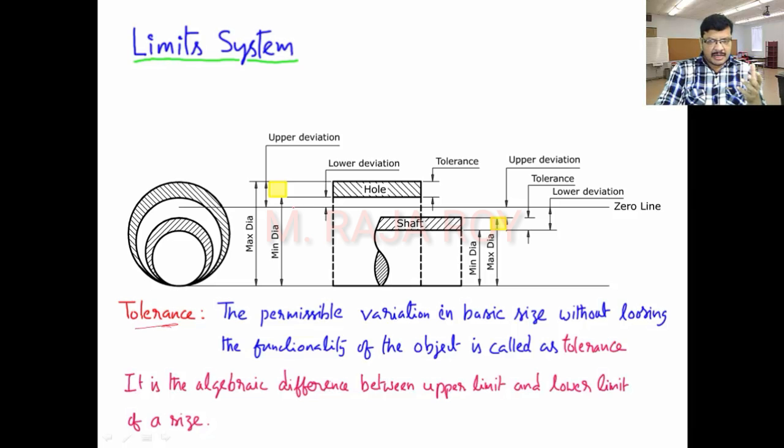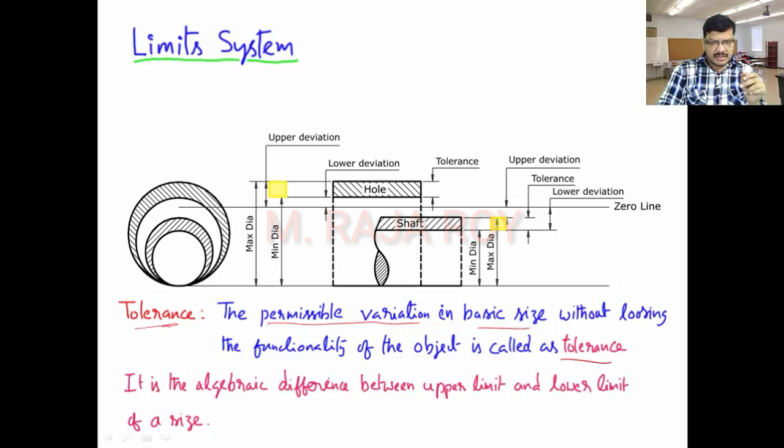When any mechanical component or machine is not satisfying its functionality, then assume that it has failed. Okay. So whatever variation you are taking without disturbing its functionality, that particular allowable or permissible variation in the dimension, that means with respect to the basic size, is called as tolerance.